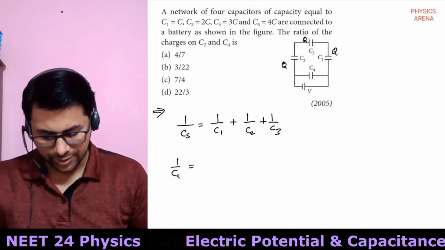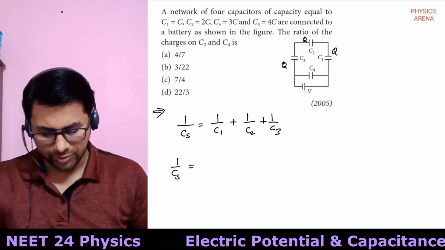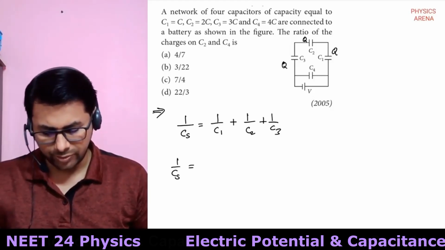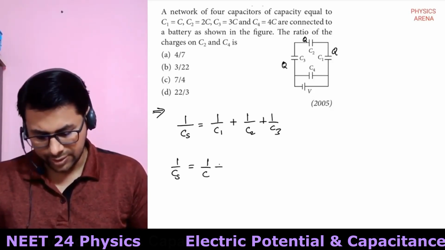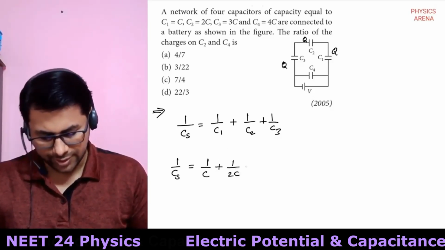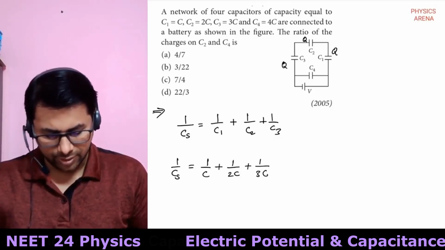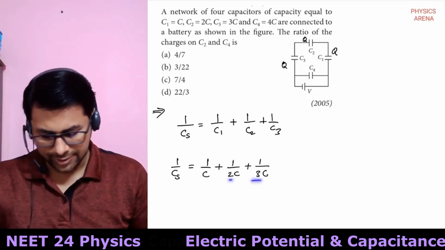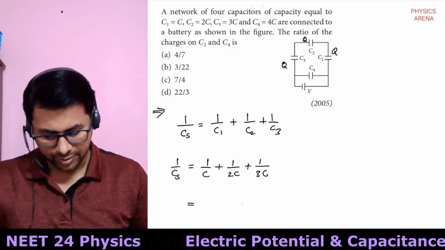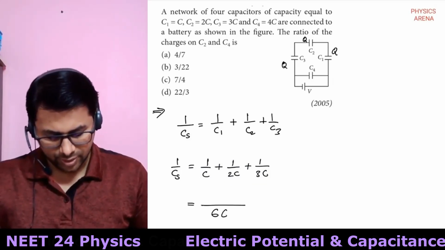So 1 upon Cs is equal to 1 upon C1 plus 1 upon C2 plus 1 upon C3. Right. So C1 is equal to C, C2 is equal to 2C, and C3 is equal to 3C. Okay. So what is the LCM? 6C.